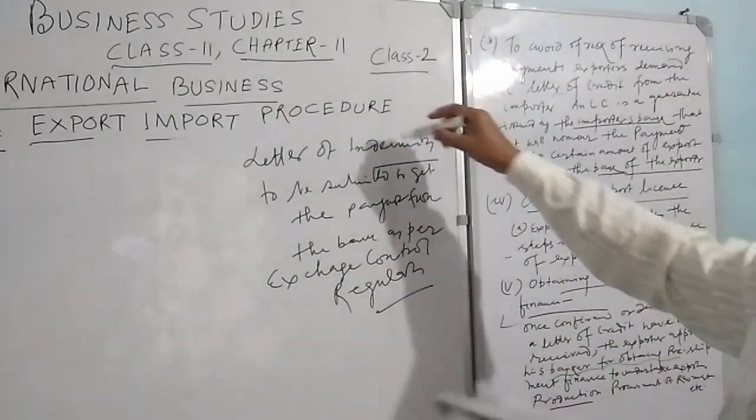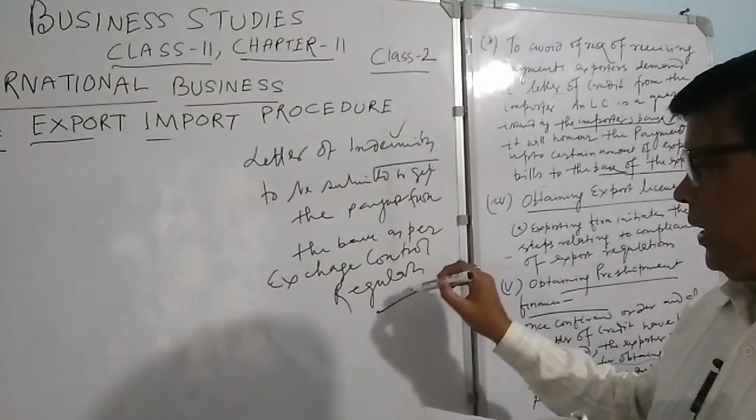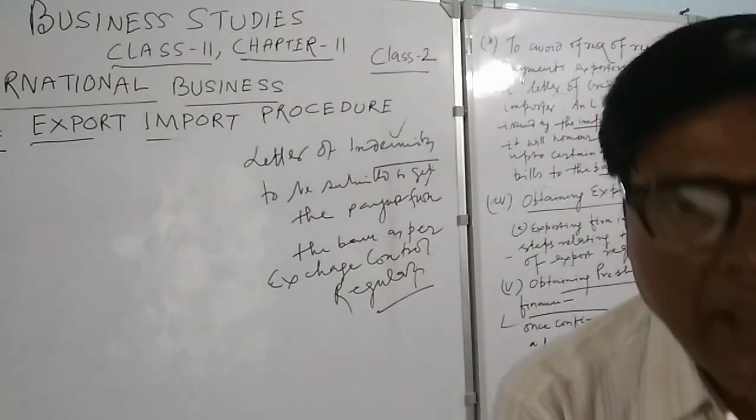So you make a letter of indemnity to your banker as per exchange control regulation, and finally you receive the payment.